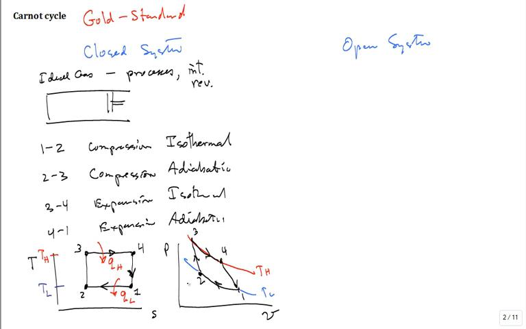That's a good review. But now we want to talk about using a Carnot cycle, still the gold standard for a heat engine, for an open system. What? I do not have a trapped amount of gas in a piston cylinder that's squeezed and expanded and heated and cooled.